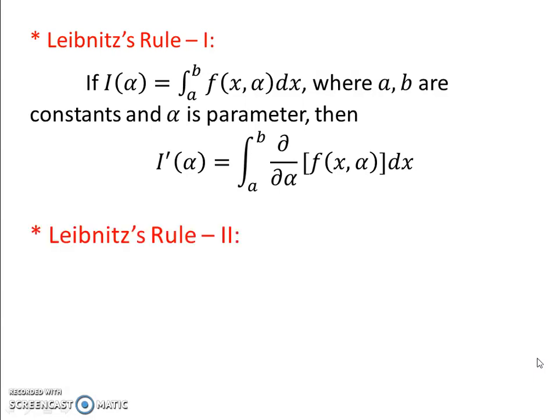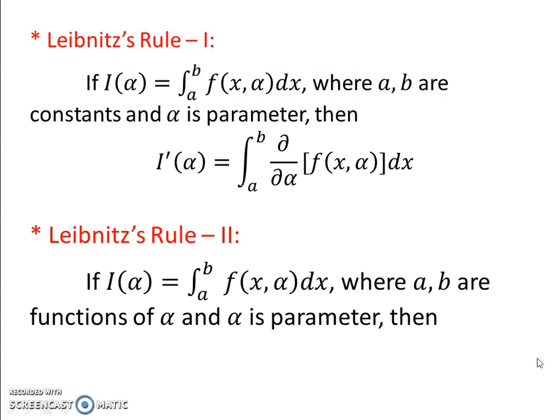So, the second rule is for limits which are not constants, but are functions of alpha. Suppose we consider I of alpha equal to integration a to b f of x, alpha dx. Now, what is the change in this? Earlier, a and b were constants.